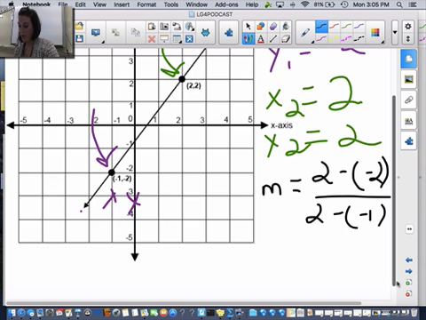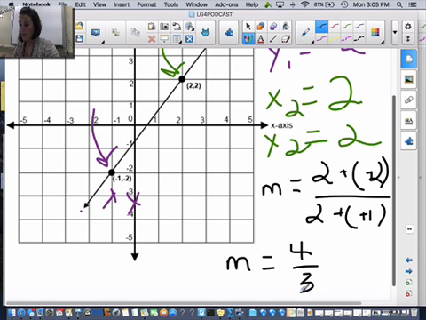Okay, so now we simplify. Our numerator is 2 minus negative 2, which is just 2 plus 2, so that is 4. And 2 minus negative 1 is just 2 plus 1, which is 3.